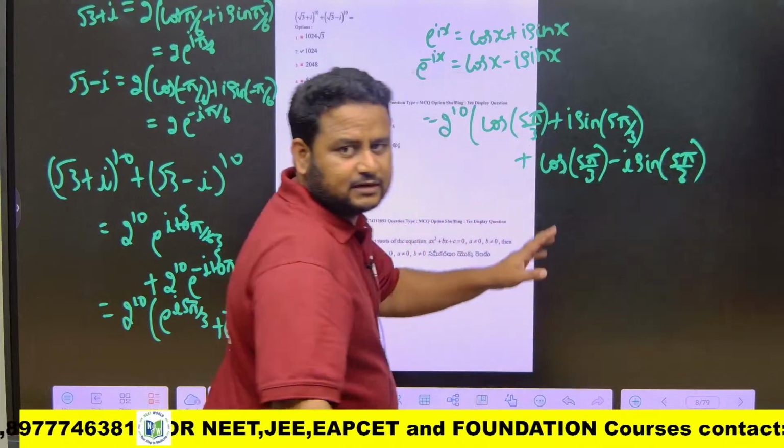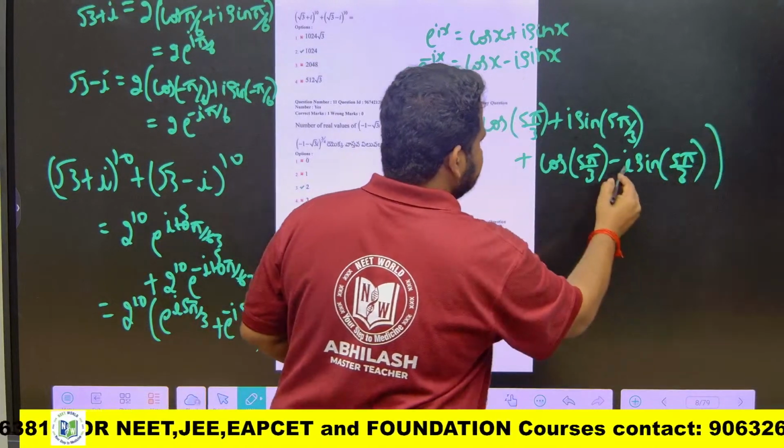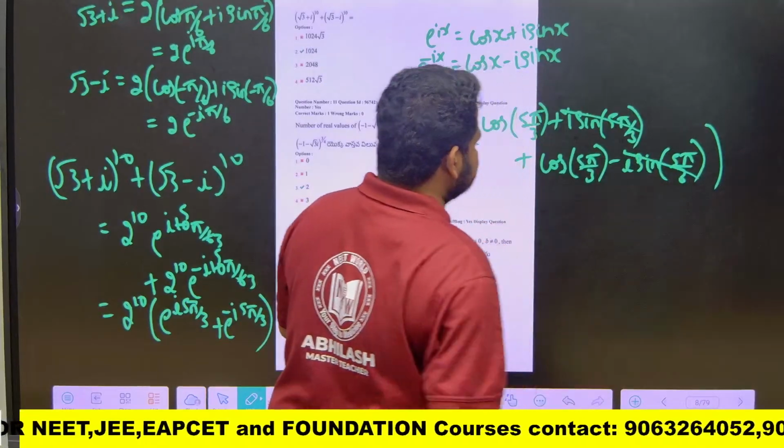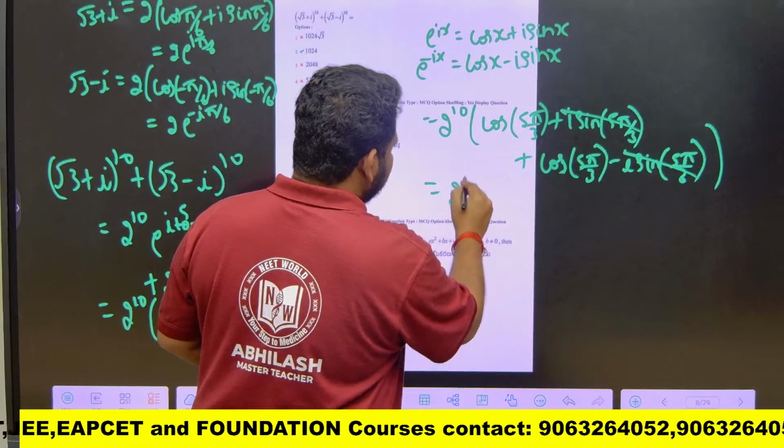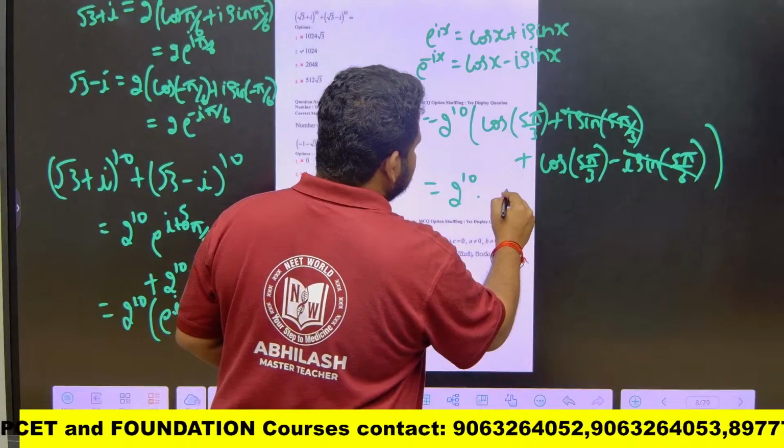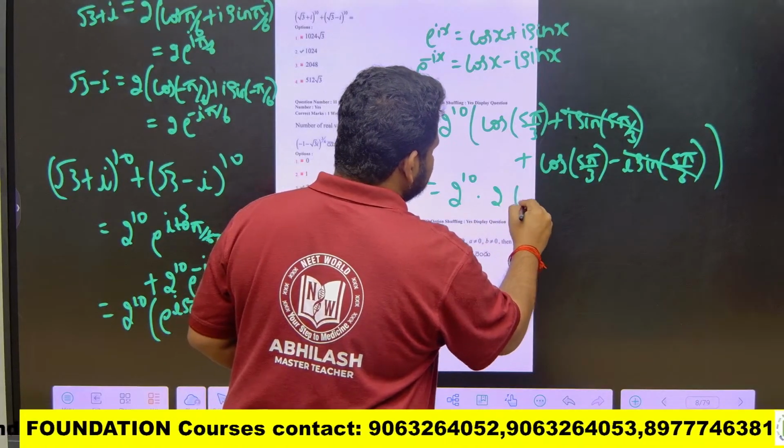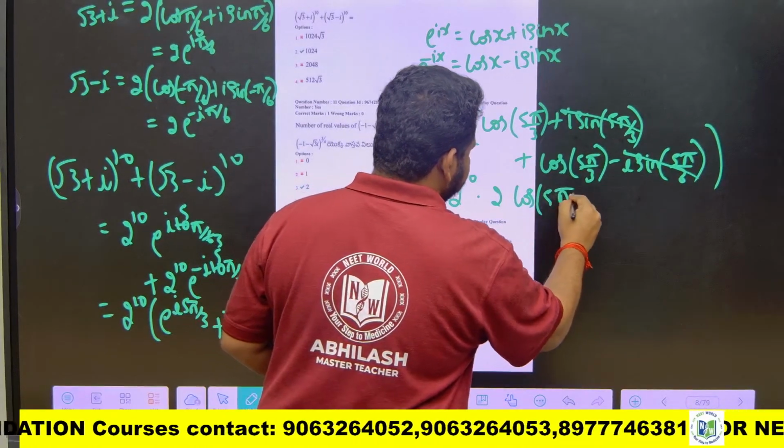Minus will be outside, it should actually be plus itself. Now the plus i sin and minus i sin cancel, so I will get 2 power 10 into 2 times cos of 5 pi by 3.